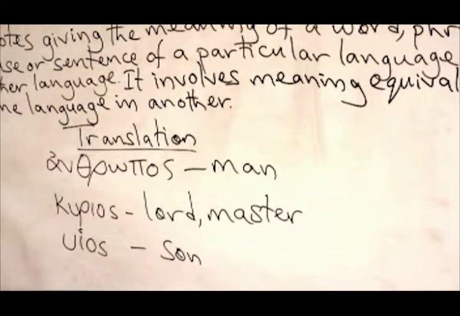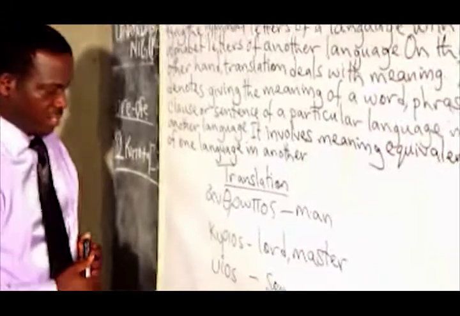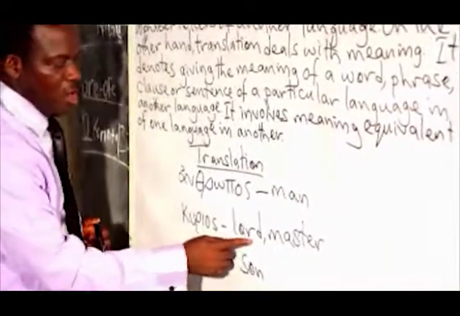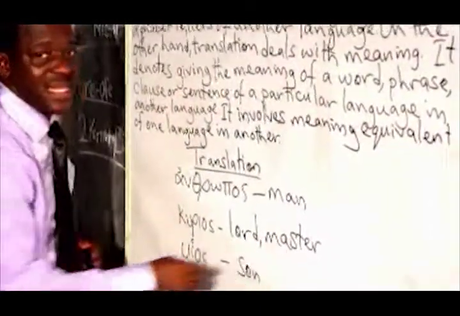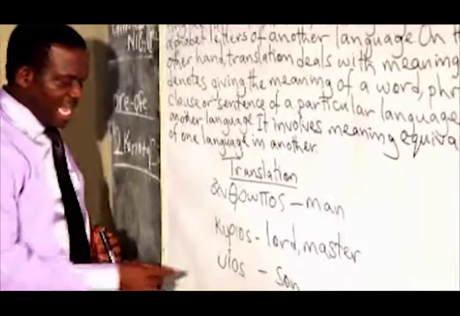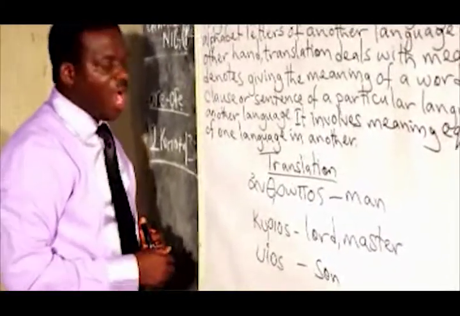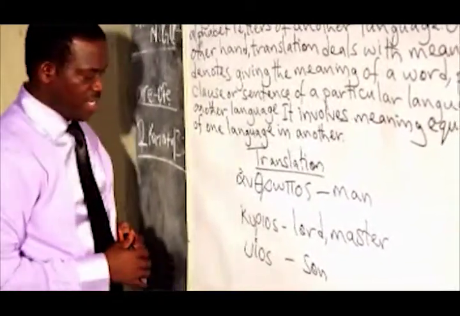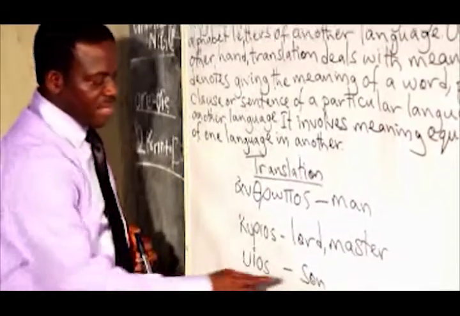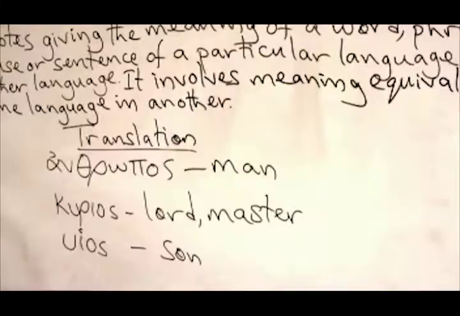The second example is kurios. Kurios means Lord or master. The last one is huios. Huios is the Greek word that means son in English. So when Greek people want to address a son, it's called huios. And the meaning in English is son.